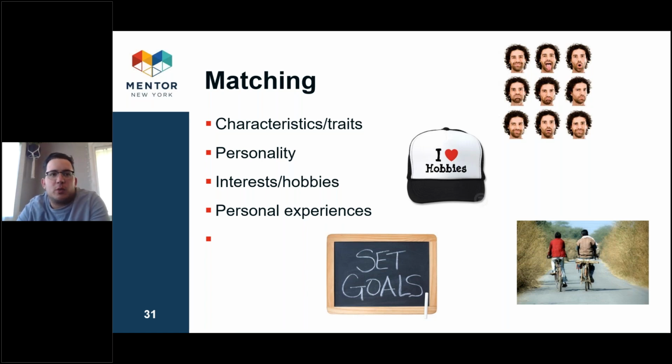Or we work with programs that introduce young women to professional women in the community to build positive relationships there. And again, you want to have that in place as well. But unless it's really part of that program structure, then it tends to be less important than these other pieces.